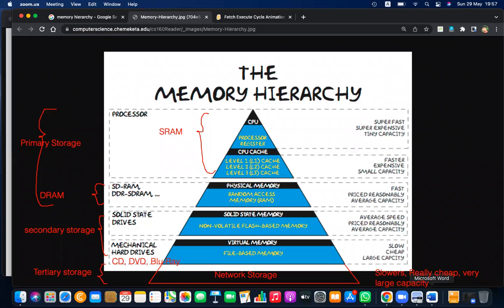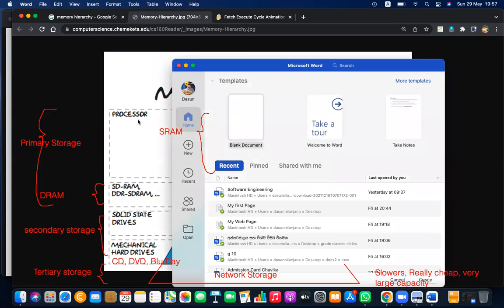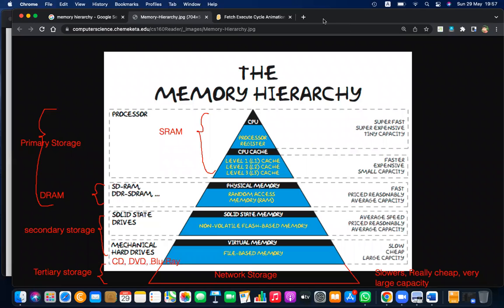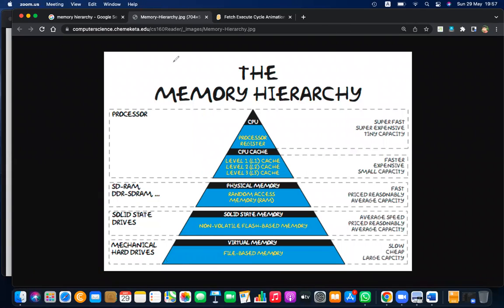Right, the next. Now we have a clear idea about the memory hierarchy and how it is formed, what the memory types are, primary and secondary, how fast these memories are, and which are dynamic and which are static. Static means it is fixed, it has allocated resources fixedly, so you don't need to reallocate them.